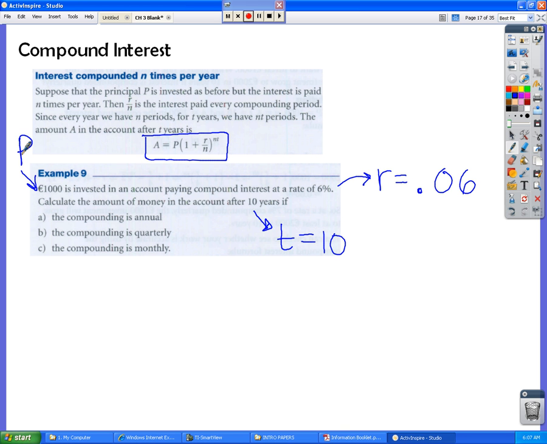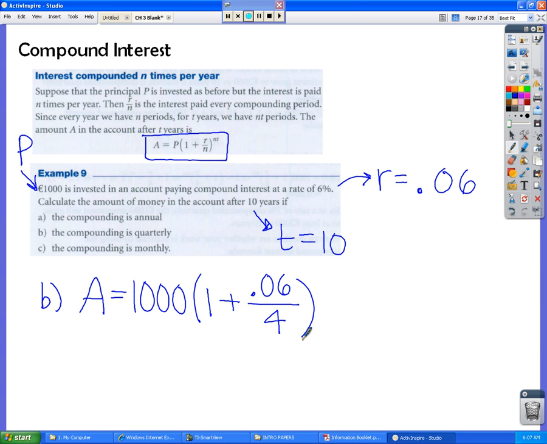So given everything that you have in that formula, we will do B, compounding quarterly. So your final amount, which is A, is equal to the initial amount P multiplied by 1 plus the rate as a decimal divided by how many times you compound. If you're compounding quarterly, we compound 4 times in a year. I would do 4 times 10. Things that I really suggest, if you're going to put this in the calculator, change that to 40.